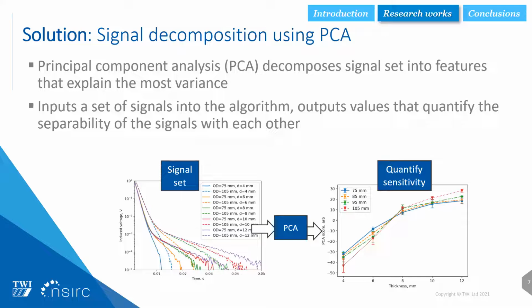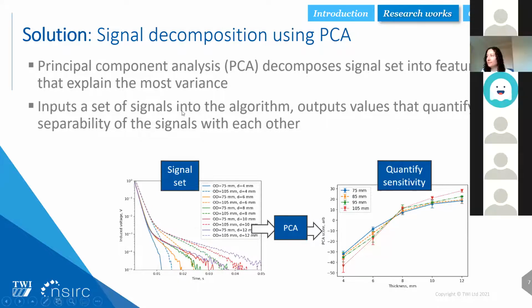So in basic principle, we input a set of signals into the algorithm, and the algorithm itself will then output values that quantify how separated the signals are from each other. As you can see from the figure here, we have a signal set as our input to the PCA, and from there we can quantify. At the end of the day, we get a graph that quantifies the sensitivity of the PEC.